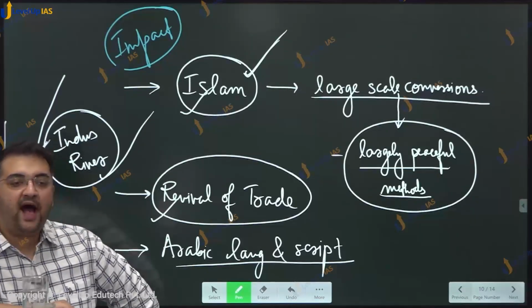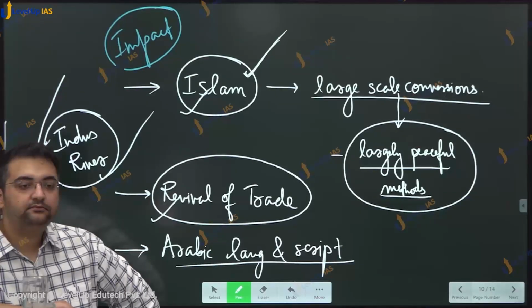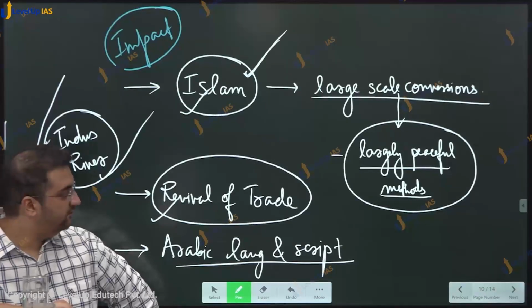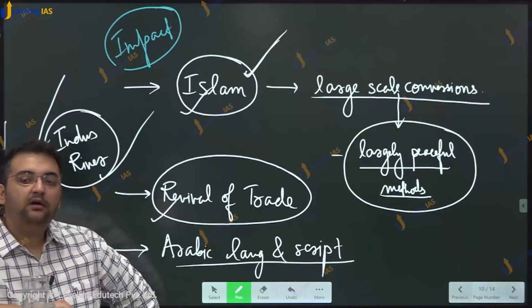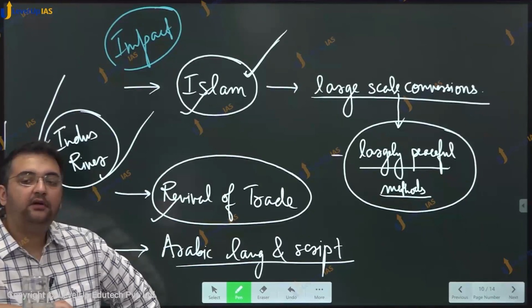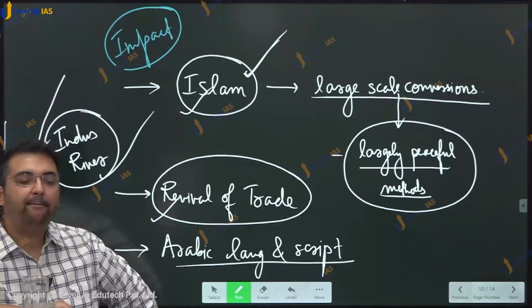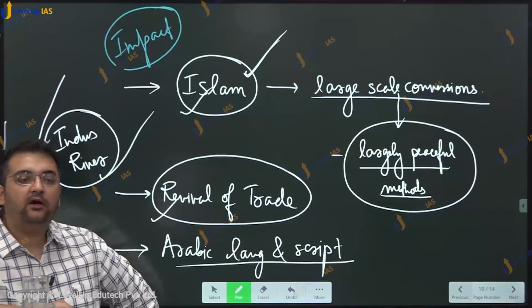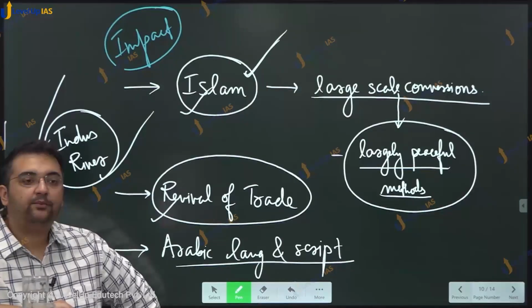Next point, the establishment of Arab rule in Sindh led to a revival of internal and external trade across the subcontinent. Full stop.